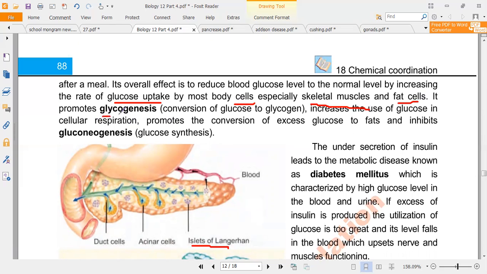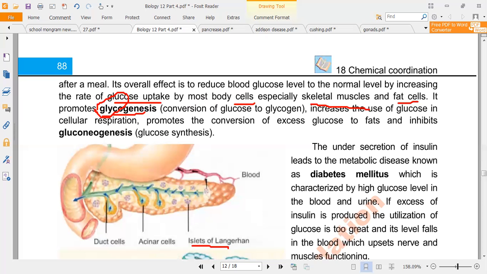It also promotes glycogenesis. Glyco means glycogen, genesis means to form, so the formation of glycogen from glucose.